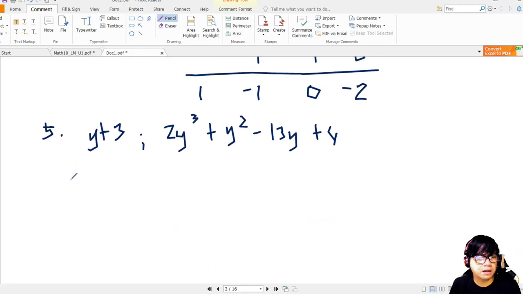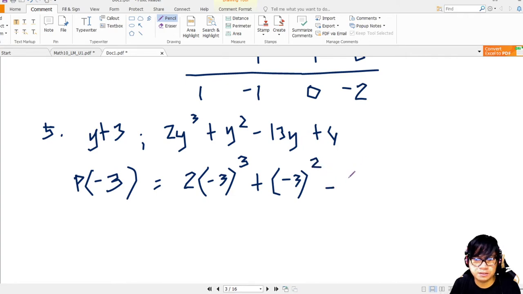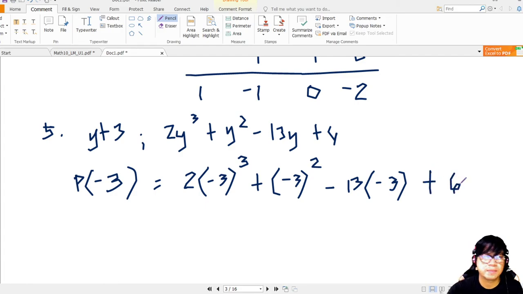Okay, this one. Y ang ginamit na variable. So, this is P of negative 3, is equal to 2 times negative 3 cubed plus negative 3 squared minus 13 times negative 3 plus 6.